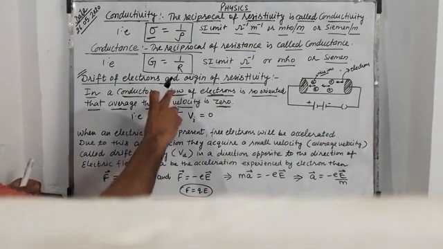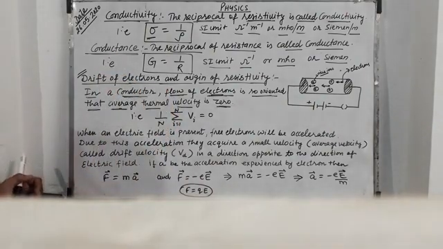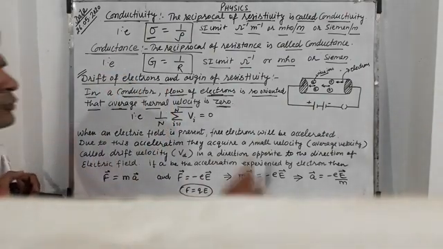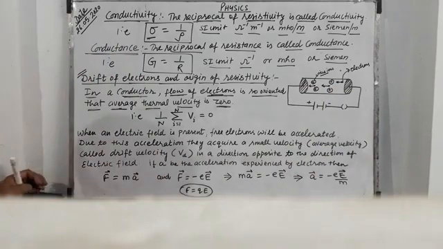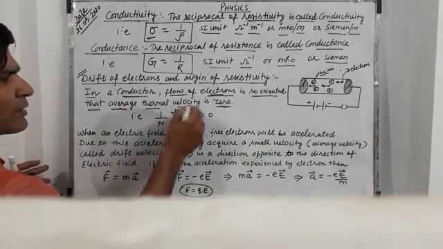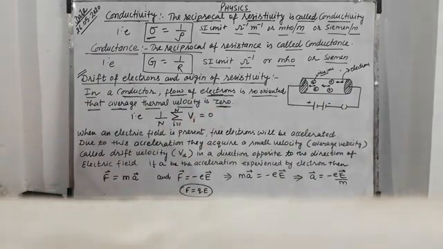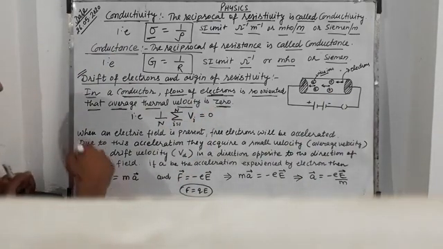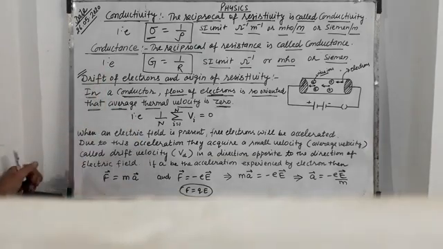This is the situation when the switch is not closed, meaning no current is flowing through the conductor. So, the average thermal velocity is 0. The electrons are moving in randomly oriented directions.